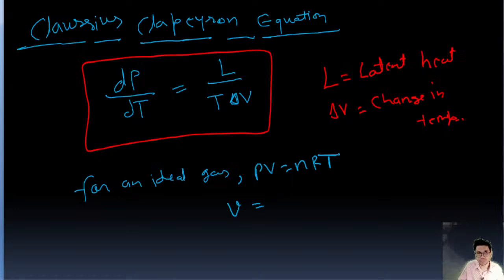For 1 mole of gas, we take n equal to 1, so PV equal to RT. So V is going to be RT upon P.